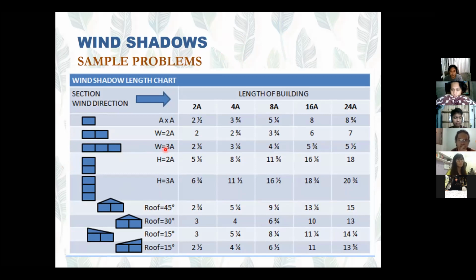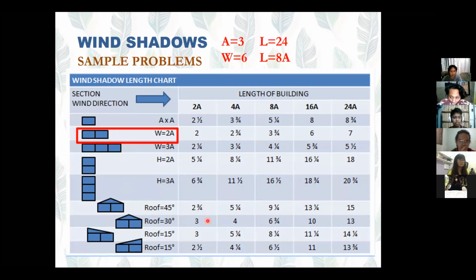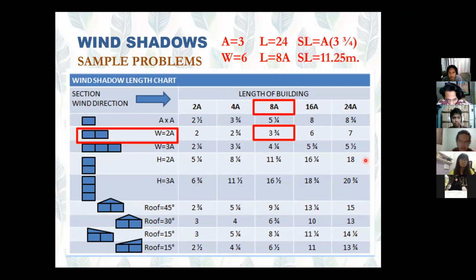Tapos, yung length ng building is 24. Makita nyo, 24 divided by 3 is 8A. Right? A is 3, yung height nun. Width is 6, as indicated sa illustration. So, 6 divided by 3 is equals to 2A. So, ito yung wind section, 8A. Thus, your wind shadow is just 3 times 3 3/4 of A, or 11.25 meters.